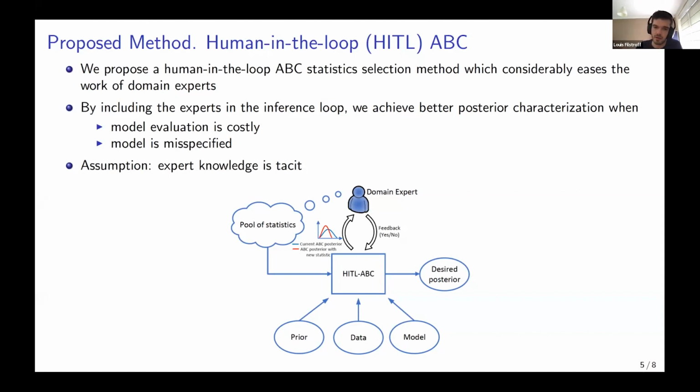And so we have put some kind of experimental design or active learning method to elicit this knowledge, and we are going to sequentially propose to the expert some statistics that we think would be useful to include in the model, and showing the expert, let's say, the evolution of the ABC posterior given the inclusion of the statistic. And based on this information, the expert is able to say, let's say, yes or no. It's a binary feedback model, and we integrate this feedback into the model to converge to an optimal subset of statistics.